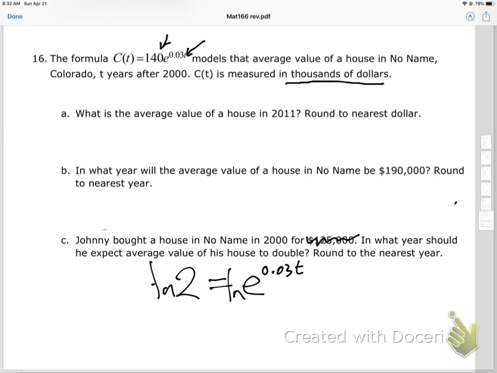Calculator. Okay, so we have natural log of 2 divided by 0.03 equals 23 years. Because remember, if I log both sides, the log of 2 is 0.03t. So divide both sides by 0.03, and I get 23 years.